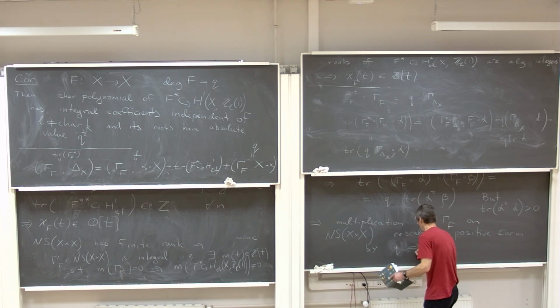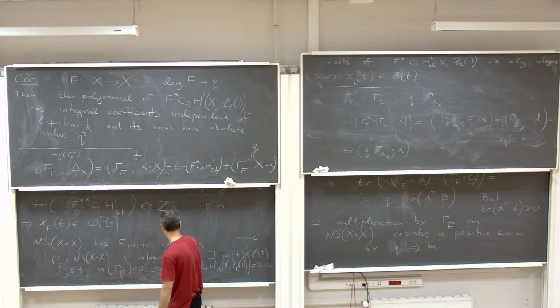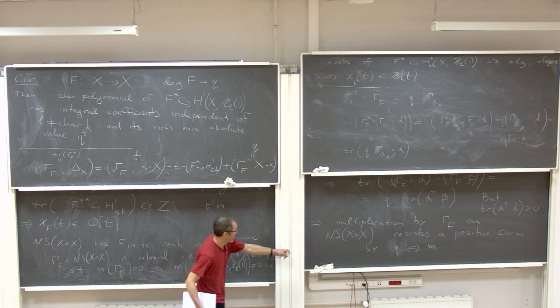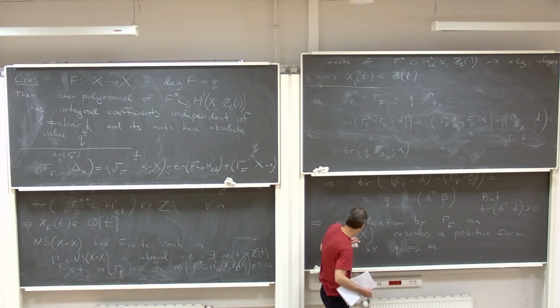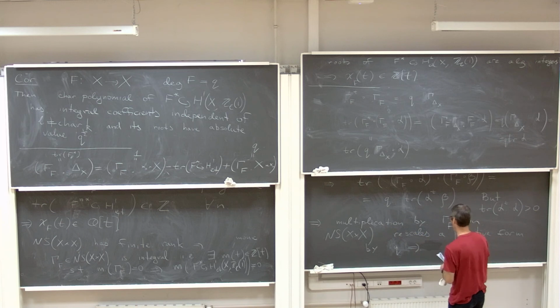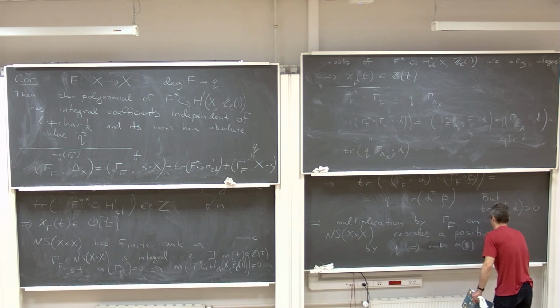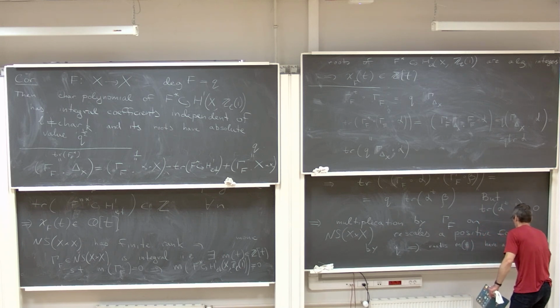It follows that the minimal polynomial, the one that we have here, that the eigenvalues of this gamma f, viewed as an endomorphism here, are of norm q to the 1/2. The roots of m_t, sorry, have absolute value q to the 1/2.